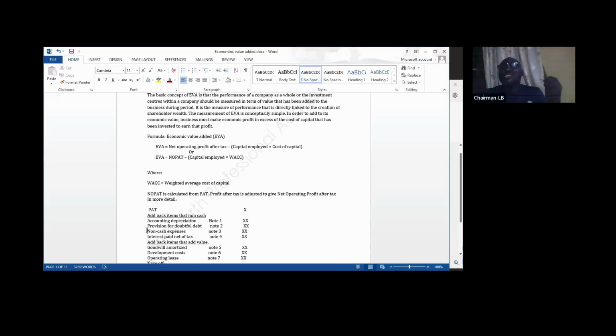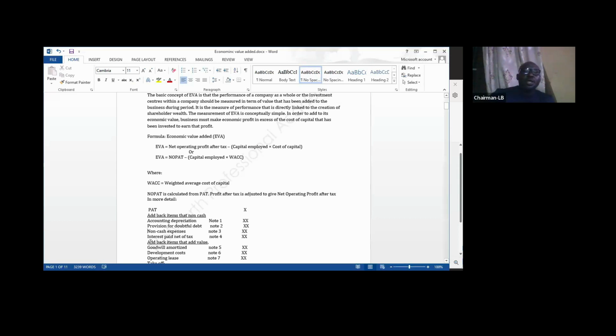You are going to assume that you have rented that property, and you now place rents in your accounting book. But in reality, you have not paid rents. No cash is leaving your pocket. That is what we call notional expenses. You are going to add this back when calculating EVA.